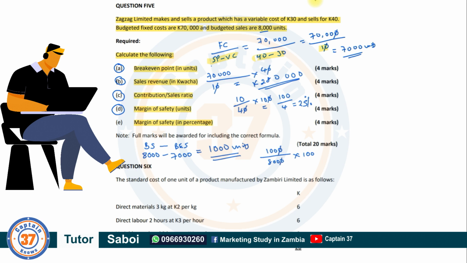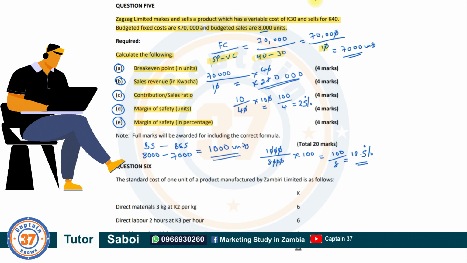The zeros cancel, so what we have now is 100 over 8, and 100 over 8 is going to give us 12.5%. This would be the answer to E.